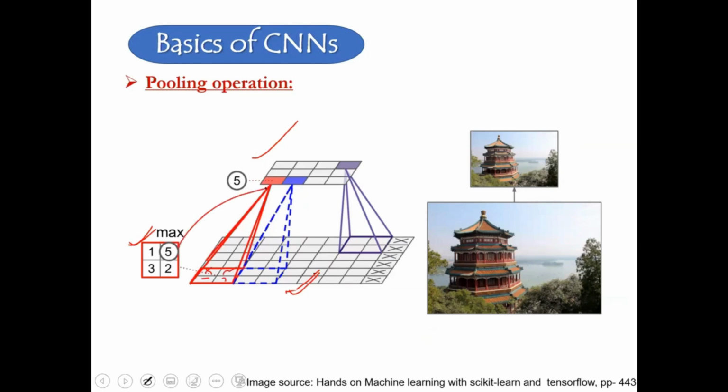The maximum value will be extracted in the output, as I told earlier. After applying the operation, this was the original image, and now this is the pooled image. You can see the spatial size of the image is reduced, but from the information point of view, the information is intact. The machine will extract the desired information from that image.